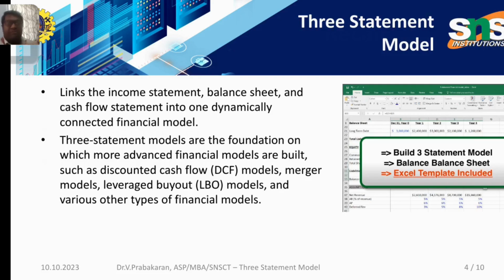This model is very important in financial analytics, since it is basic and also helps to grow to the next level of model development, like the discounted cash flow model, the merger and acquisition model and the leveraged buyout model. These three models are at the advanced level. To achieve them, you mandatorily require a three statement model.